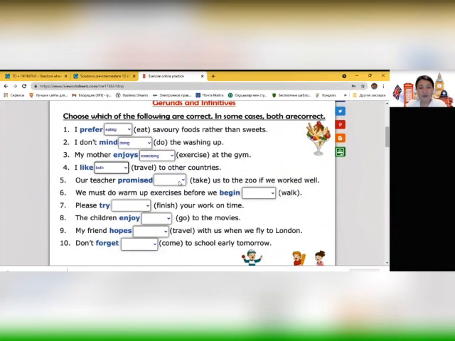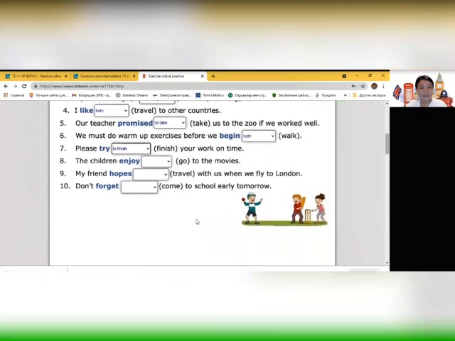Our teachers promised to take us to the zoo if we worked well. We must do warm-up exercises before we begin. Maybe both. Let's choose both, okay? Please try to finish your work on time.